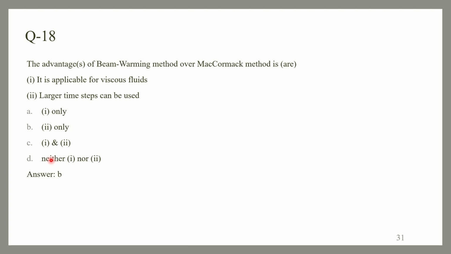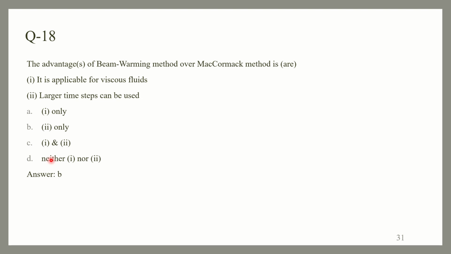The answer is option B, because in the previous slide itself we have seen how the McCormick scheme is conditionally stable and the beam warming scheme is unconditionally stable. But both can be used for viscous fluids, and since the beam warming scheme is unconditionally stable, we can use a larger time step.